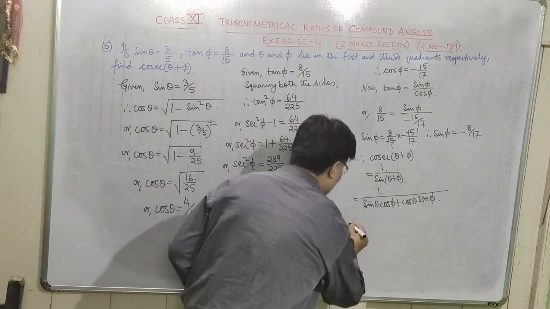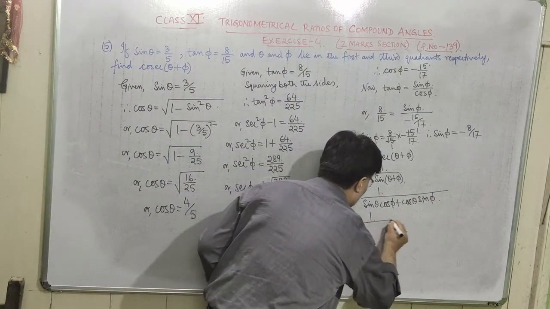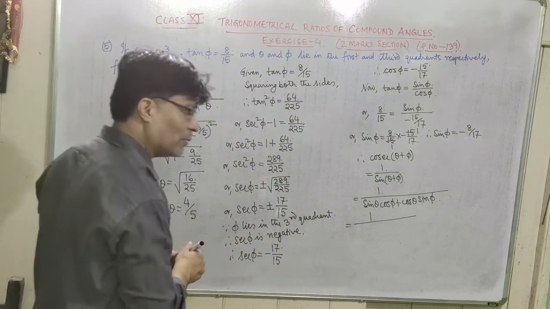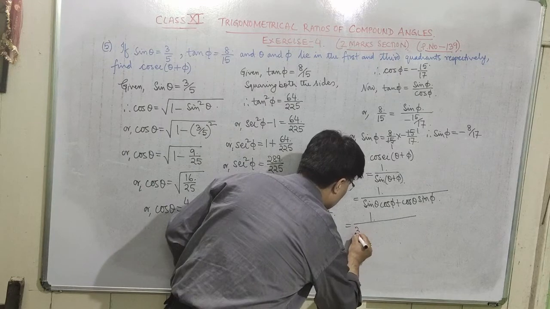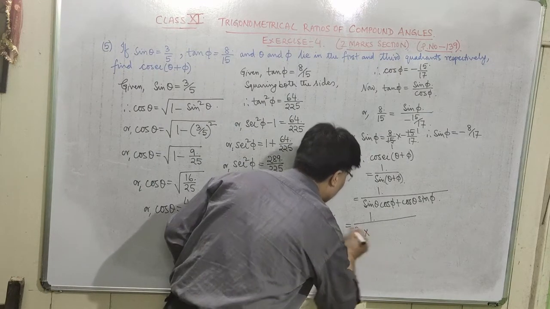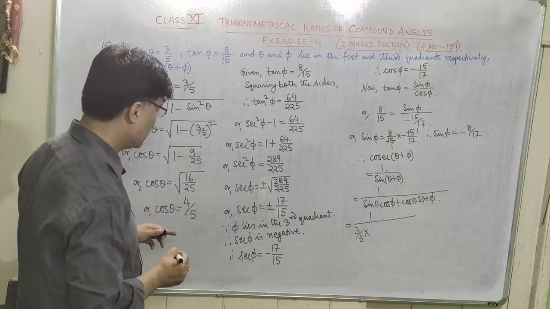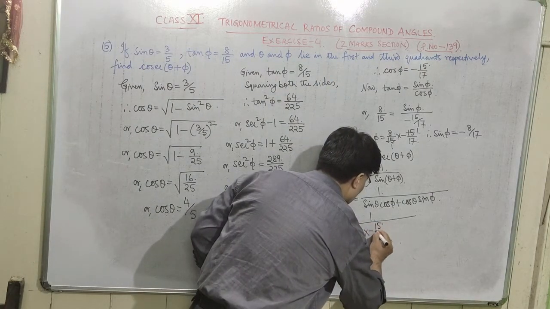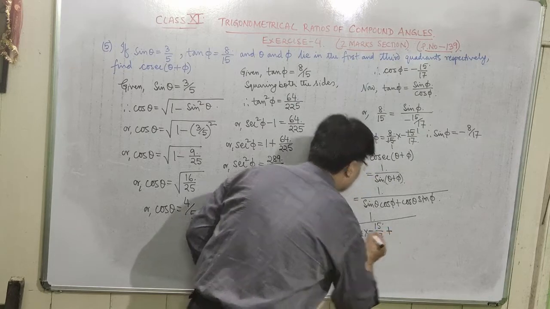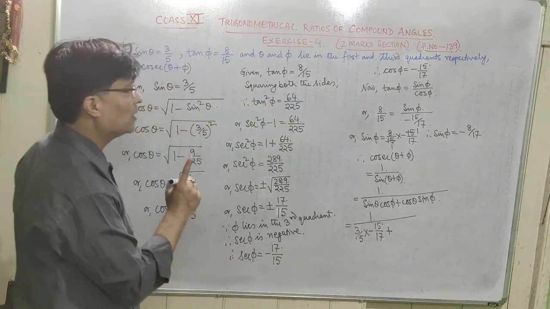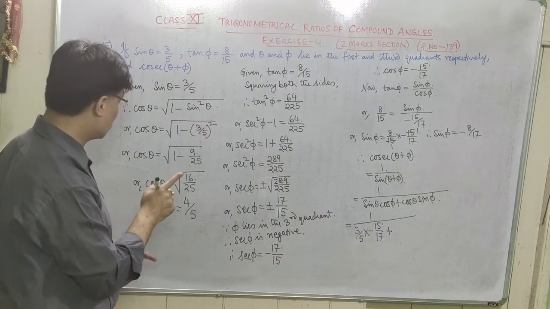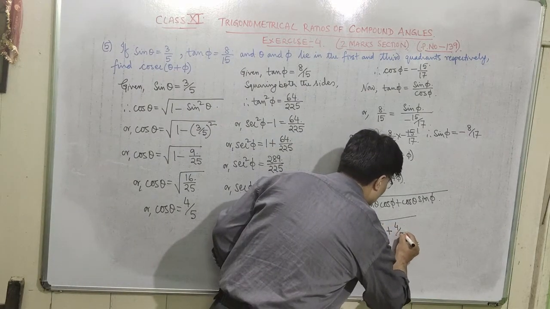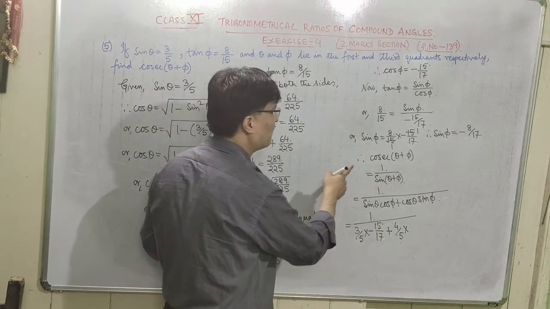So let us put those values now. 1 upon, what is sin theta here? 3 upon 5. Into what is cos phi? It is minus 15 by 17, plus what is cos theta? 4 by 5, into what is sin phi?